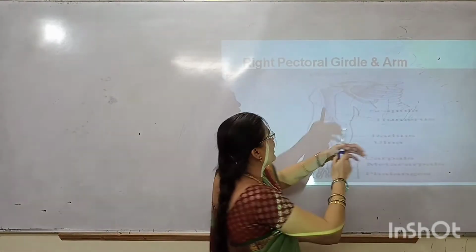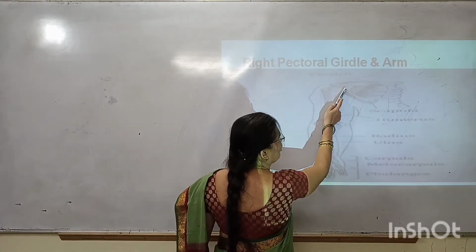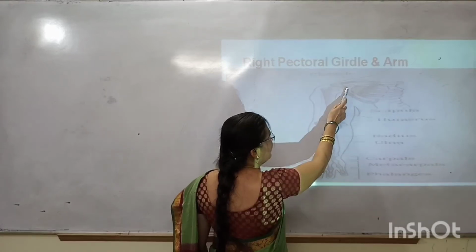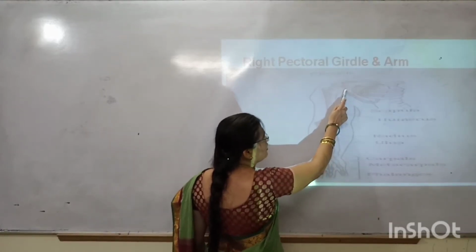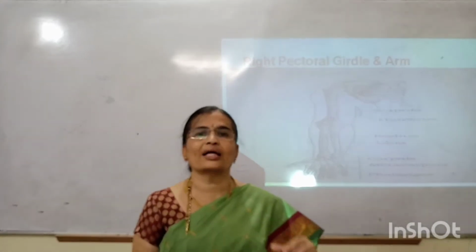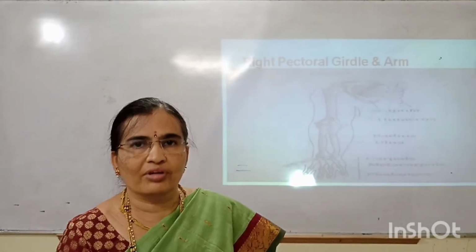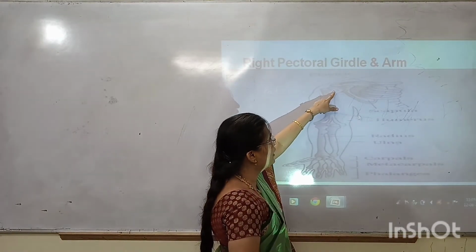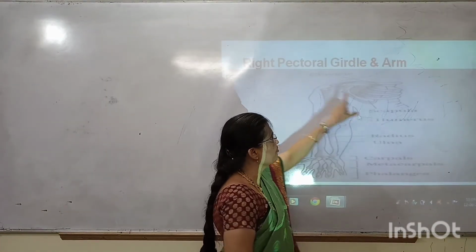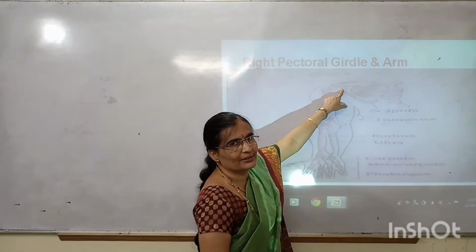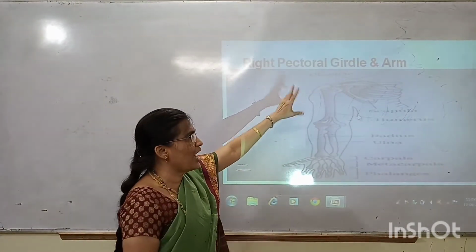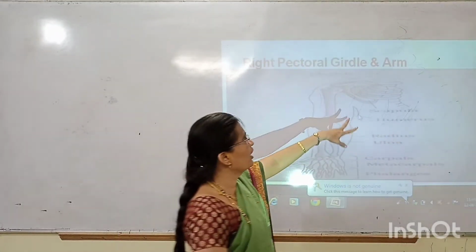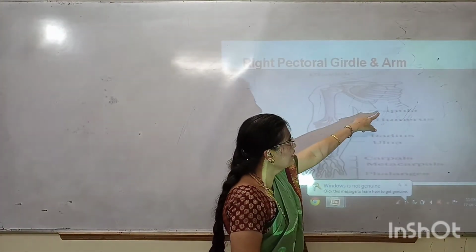Below that acromion, the cavity called the glenoid cavity is present, which articulates the humerus. So the humerus is articulated with the pectoral girdle. The pectoral girdle is made up of the clavicle and scapula.